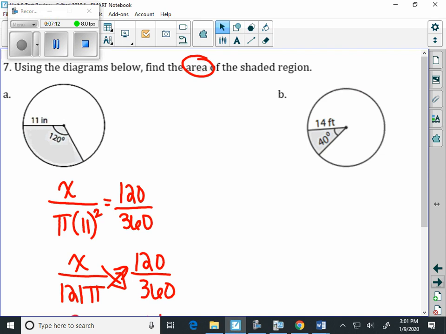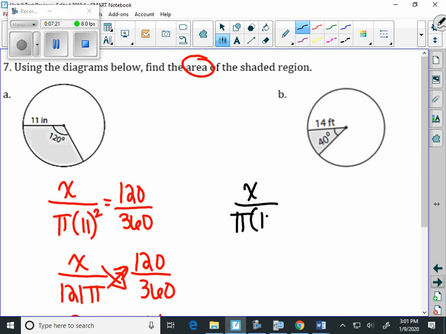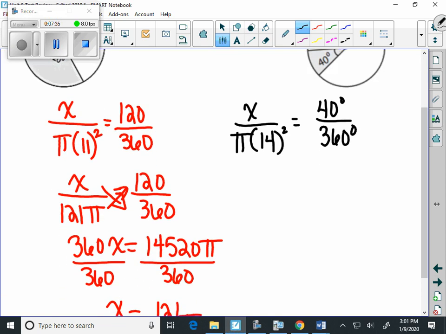So on this problem B here, it's going to be x over the area formula, pi r squared, equals the measure of our central angle, which is the same value as the measure of the intercepted arc, and then there's 360 degrees in a circle. We can simplify this a little bit, and we get x divided by 196 pi equals 40 over 360.